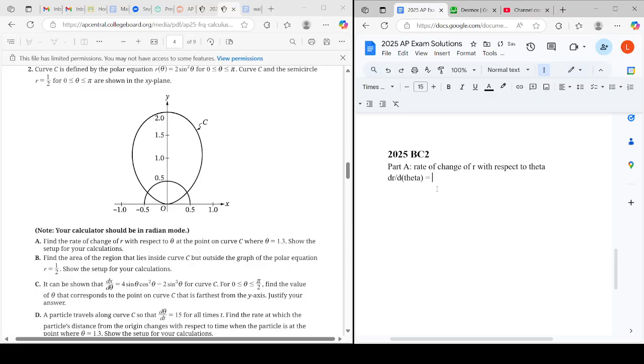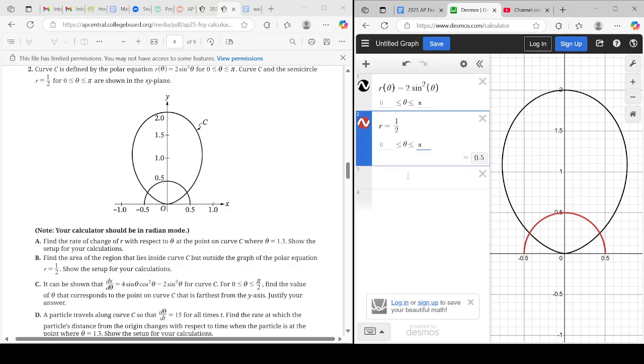So all we have to do is differentiate 2 times sine squared theta at 1.3, and this would give us the part A answer.